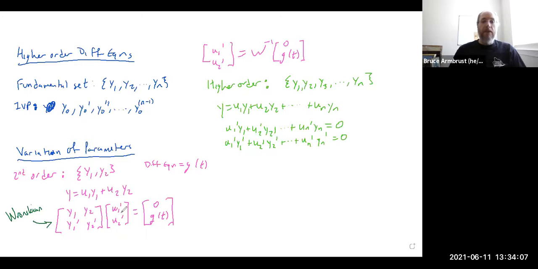Right? So we continue this process until eventually the last restriction that we're going to put on for the 0, it's going to be u1 prime y1, and I think we're going to be at the n minus 1th derivative.